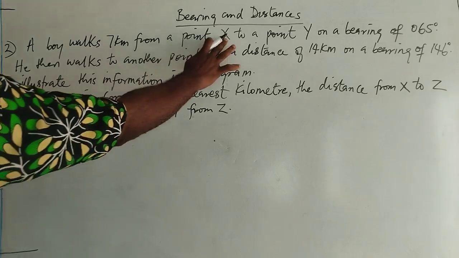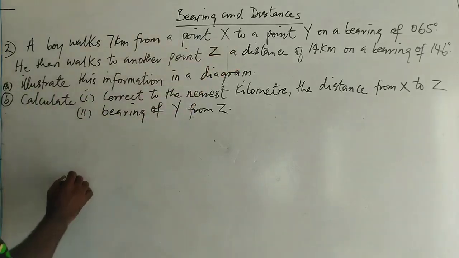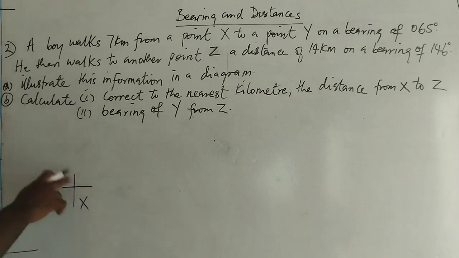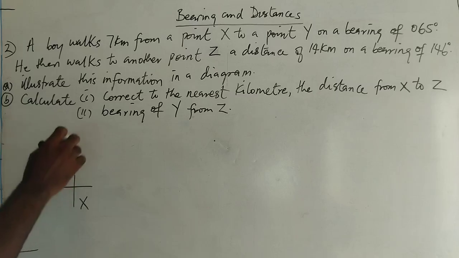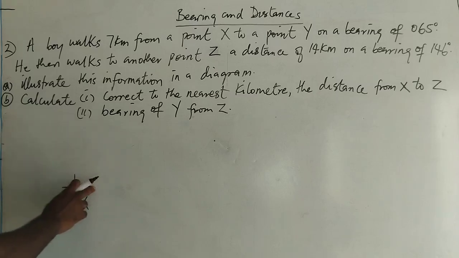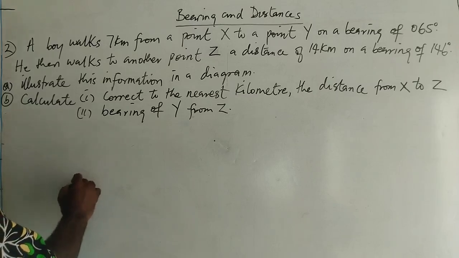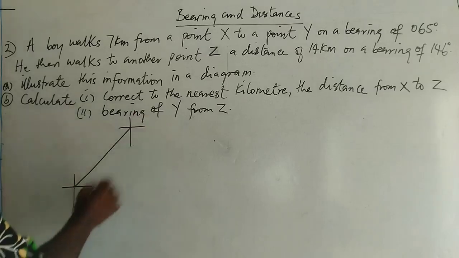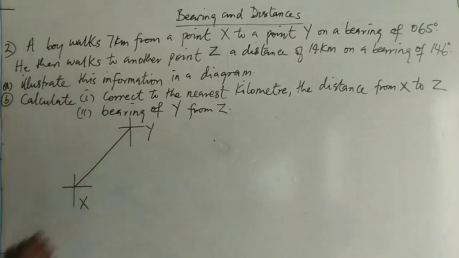So the boy started from point X. X will be our first point. We use the 4 cardinal points to represent X. And it says it moved to another point Y on a bearing of 065. Remember, 065 is between 0 and 90. So it will come out toward the northeast. So this is our Y.